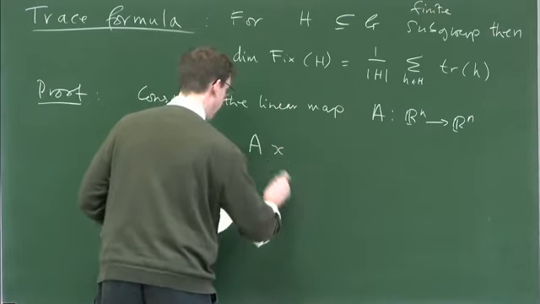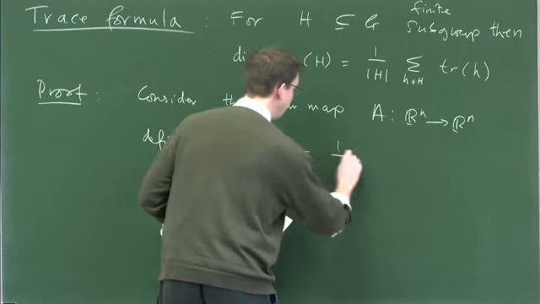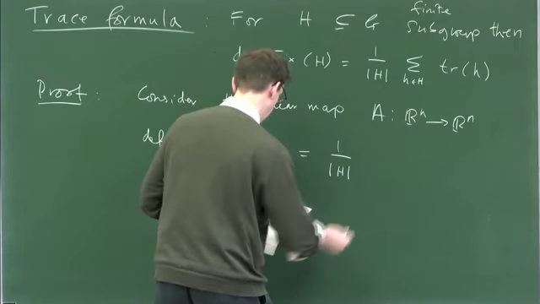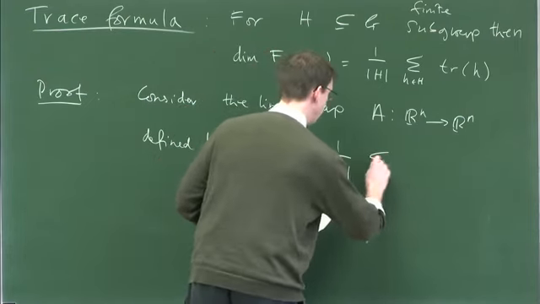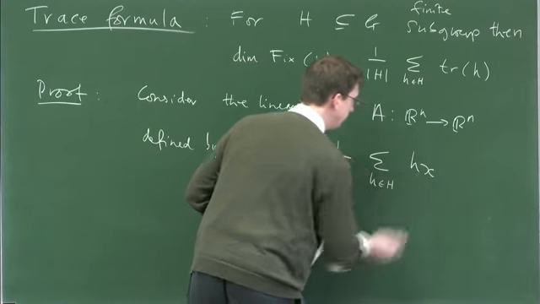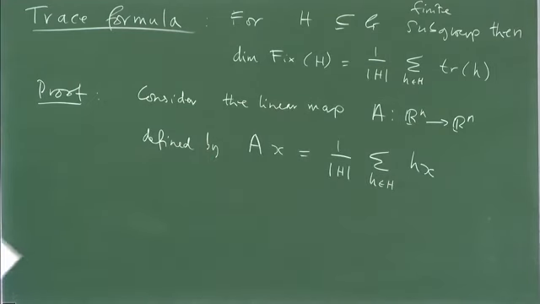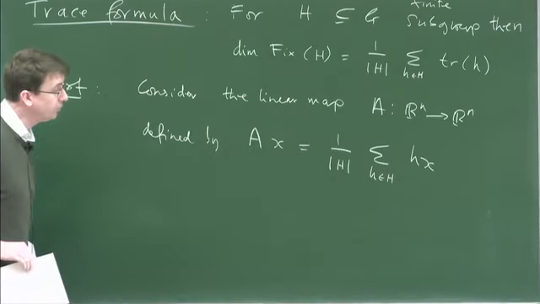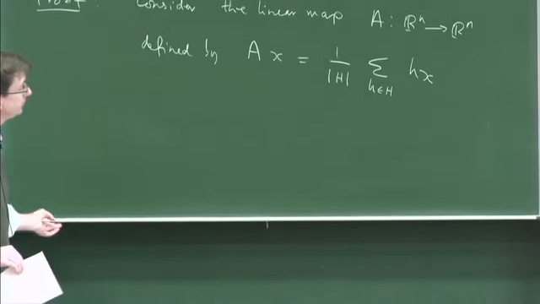So I'm going to define AX to be 1 over the order of H times the sum of images hX over all group elements little h in H. Okay?